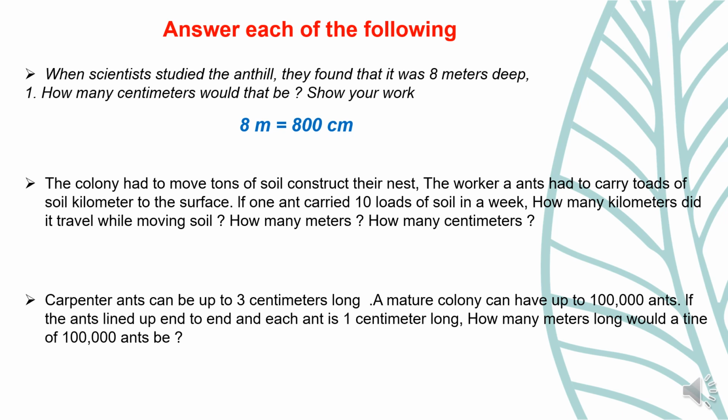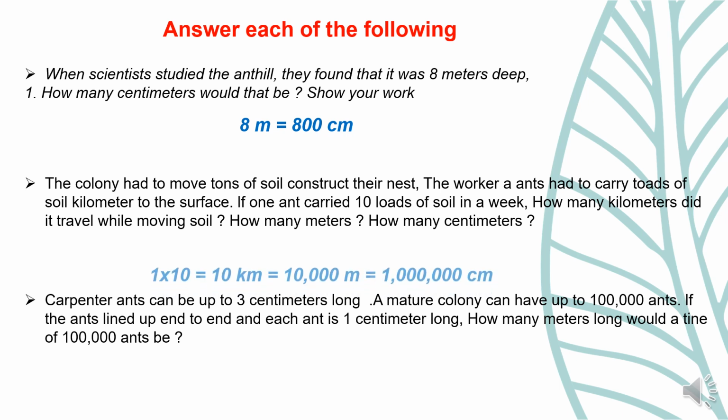Next one, the colony had to move tons of soil to construct their nest. The worker ant had to carry tons of soil a kilometer to the surface. If one ant carries 10 loads of soil in a week, how many kilometers did it travel while moving soil? And how many meters and how many centimeters? Now let's convert. Here each ant carried 10 loads.